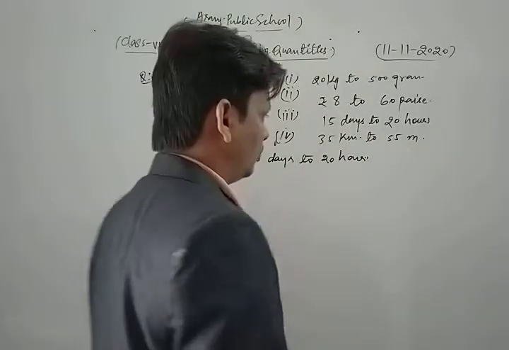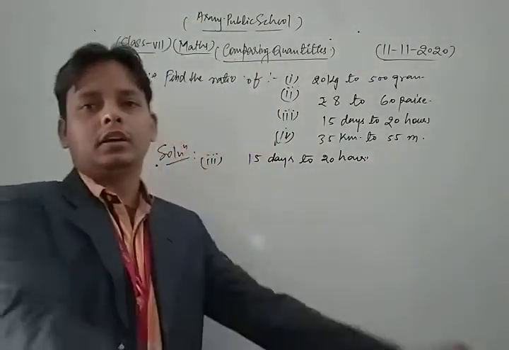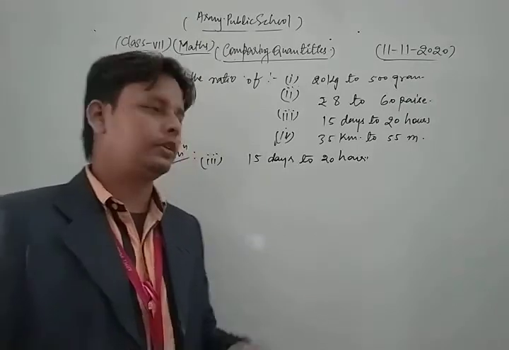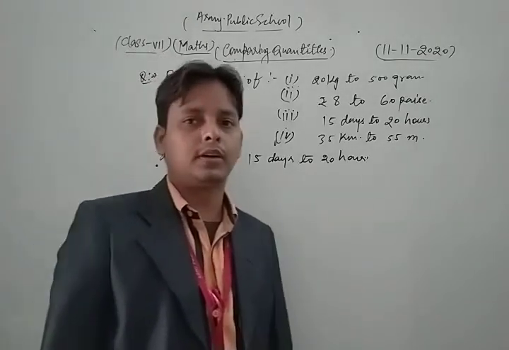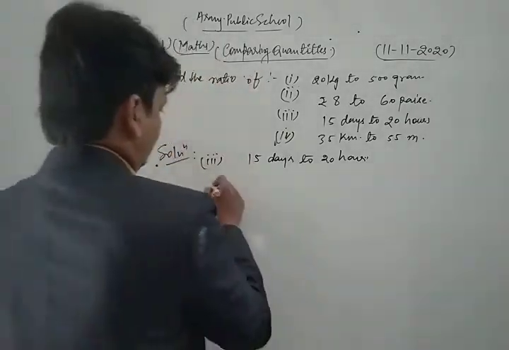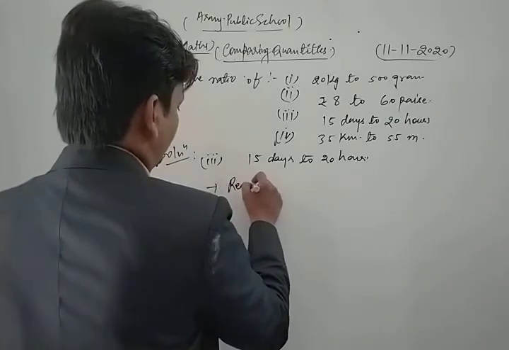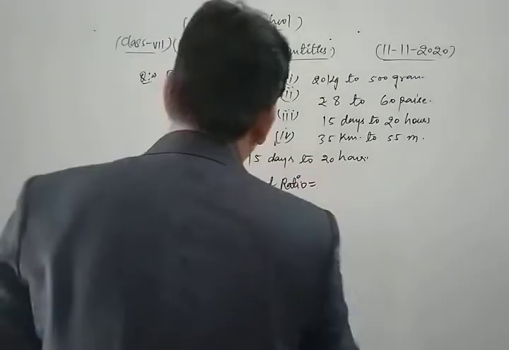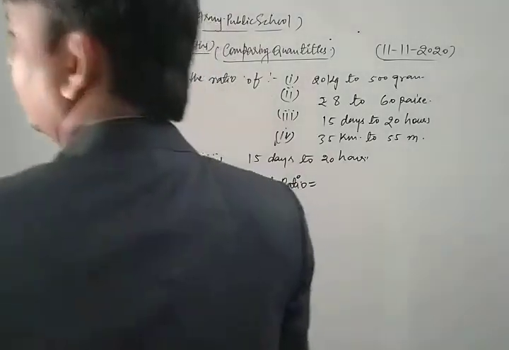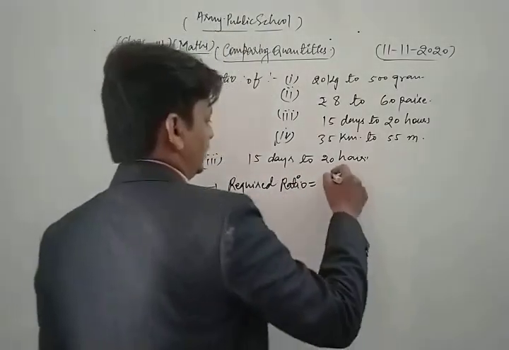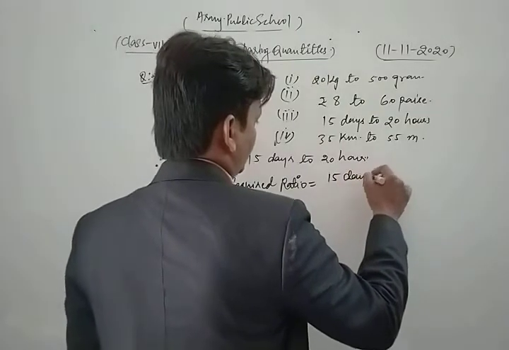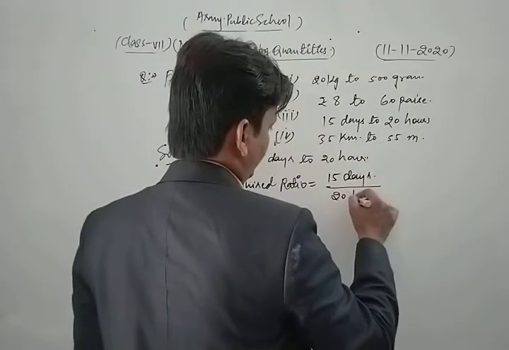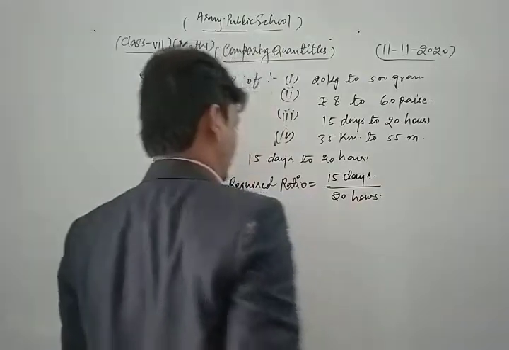First of all, both values represent similar quantities. So the required ratio is 15 days upon 20 hours.